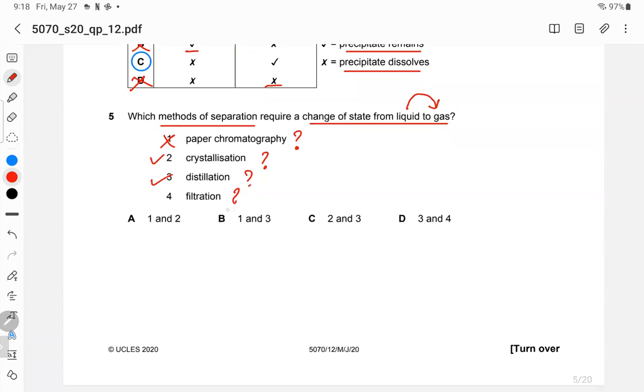In filtration, only a solid gets separated, so there is no change of liquid to a gas, so it also goes wrong. So we are left with the second and third statements being correct. So it means that C is the correct answer. Is it clear? Yes, sir.